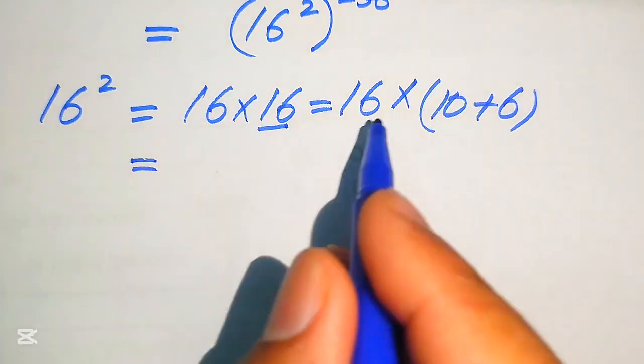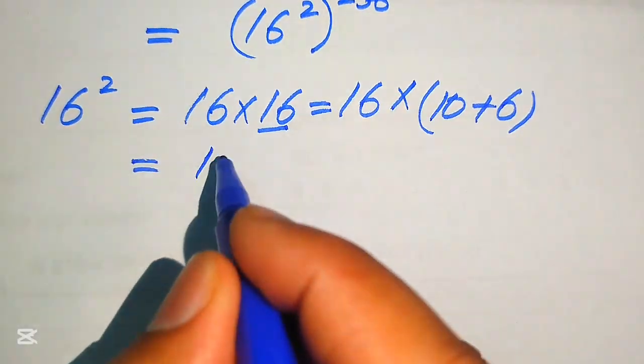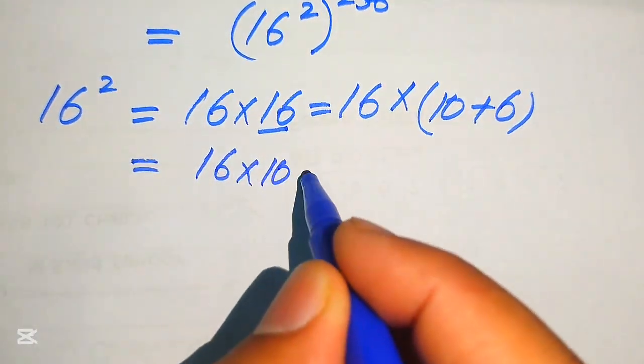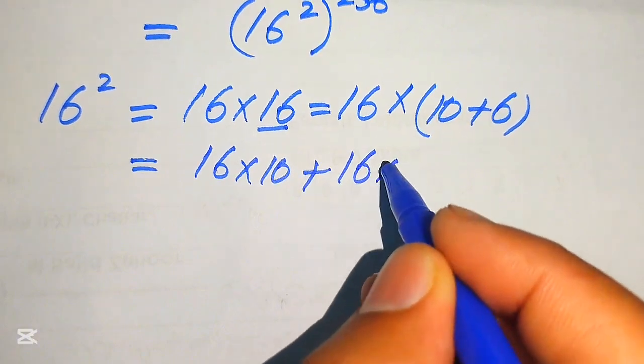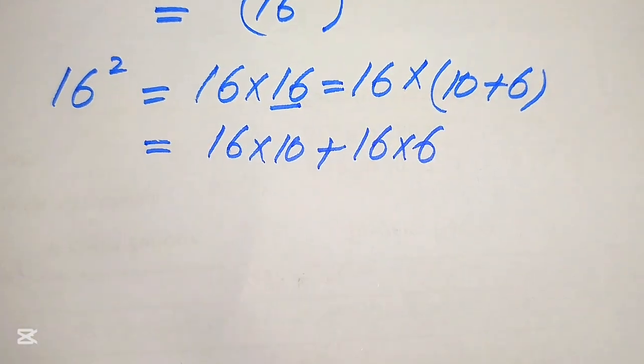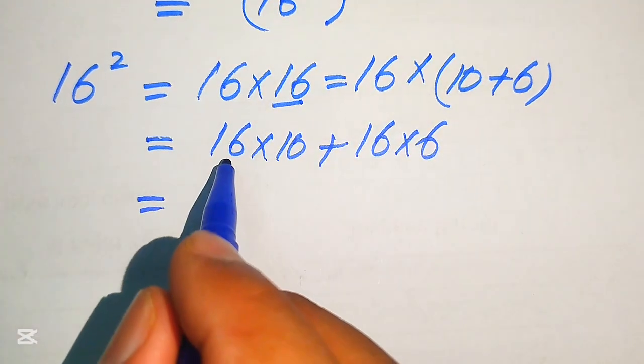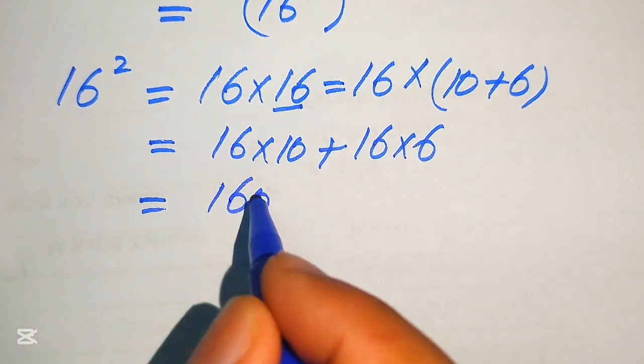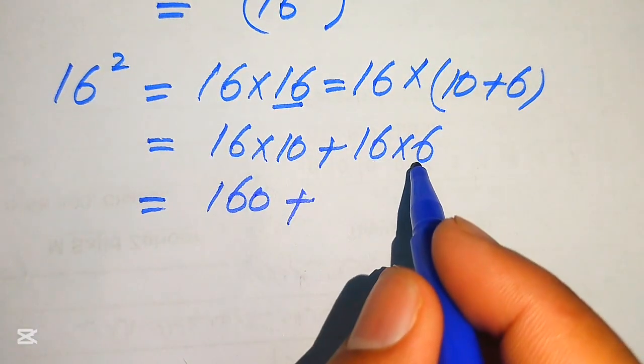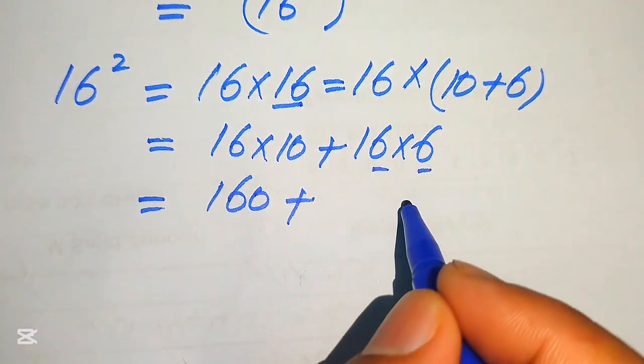So we multiply 16 with these two numbers and it will be written as 16 multiplied by 10 plus 16 multiplied by 6. You know that 16 times 10 is equal to 160, and 16 times 6 is equal to 96.